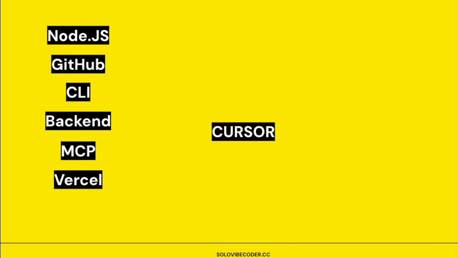And then maybe the last thing that you need from this basic toolkit is something for deployment. The one I'm listing is Vercel, because in my opinion, this is the simplest way you can deploy your project.